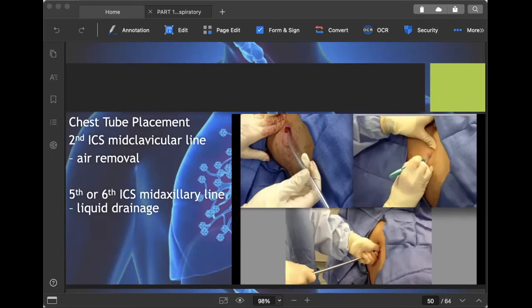After the insertion, you should check the vital signs properly, and the management of the chest drains as well. So regular assessment of the amount of bubbling when it is gas, and drainage when it is liquid, should be properly managed.